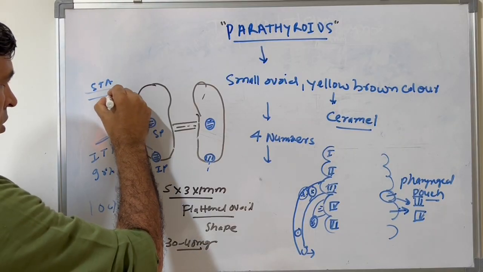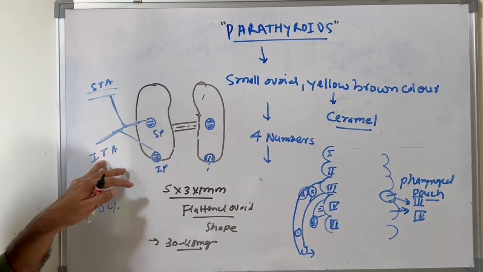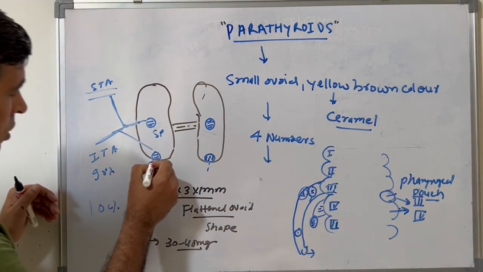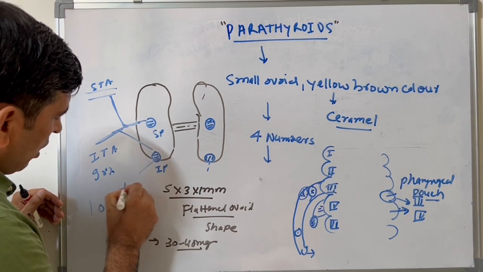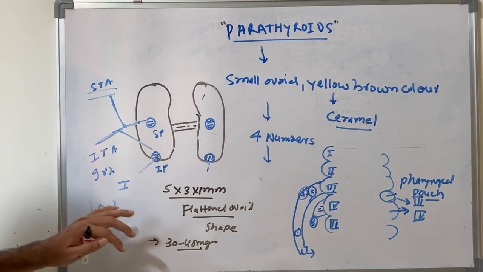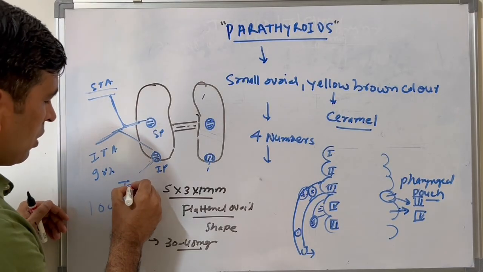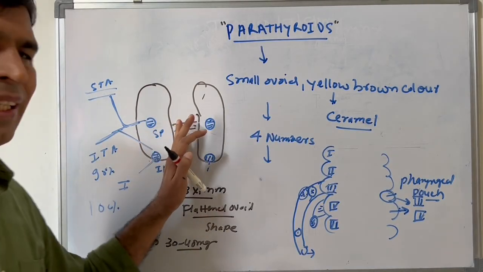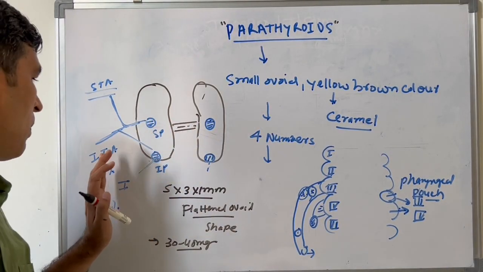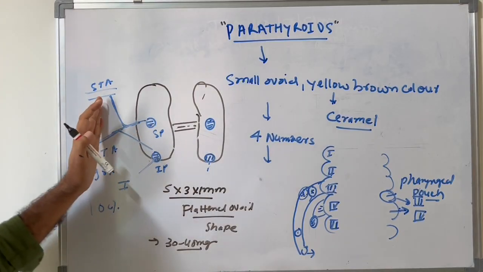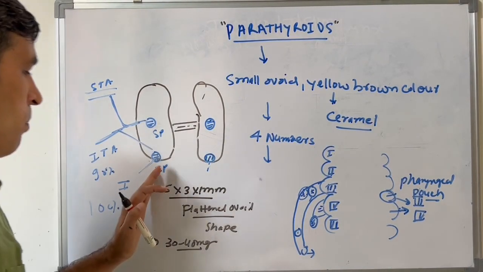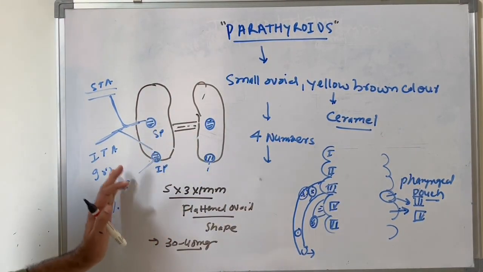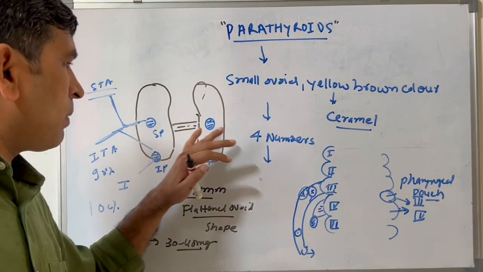That variation may be there, but mostly they are supplied by the inferior thyroid artery.